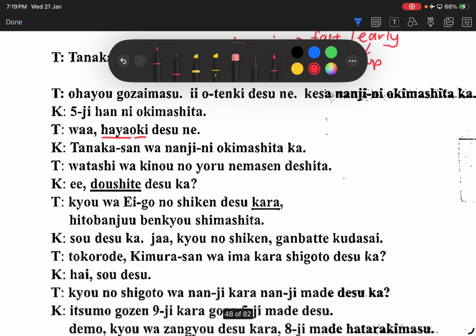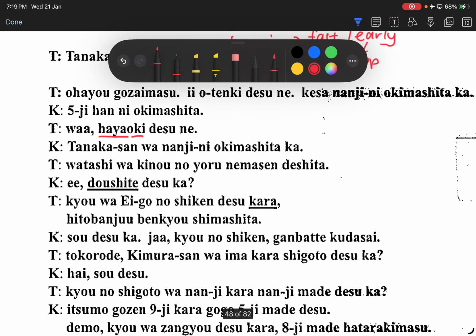Okay, then K says, 田中さんは何時に起きましたか? So he asked back the question. T replies, 私は昨日の夜寝ませんでした. So what is 夜? Okay, it's another word for 晩, B-A-N.